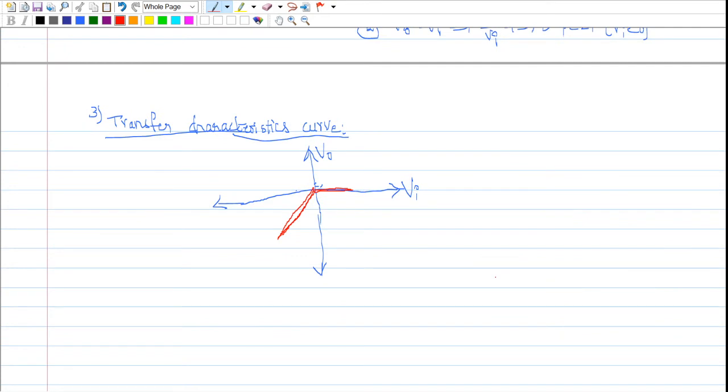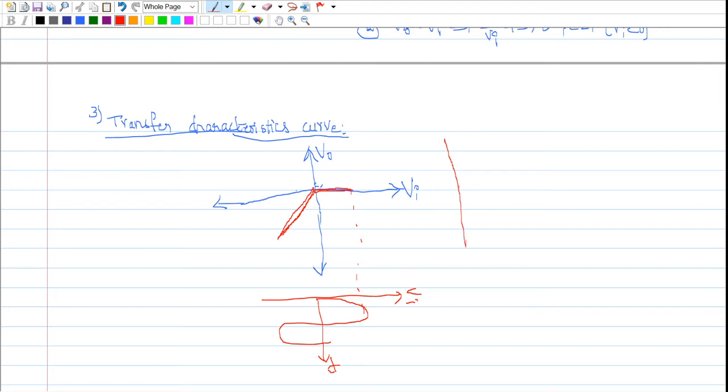When I am applying the positive half cycle, the positive input signal, see here, this is the input signal waveform. How can we get the output?